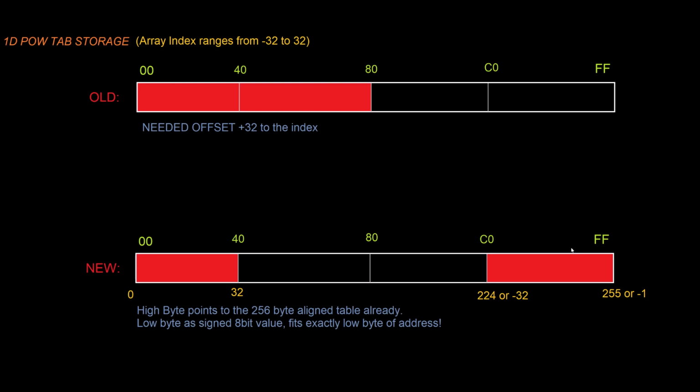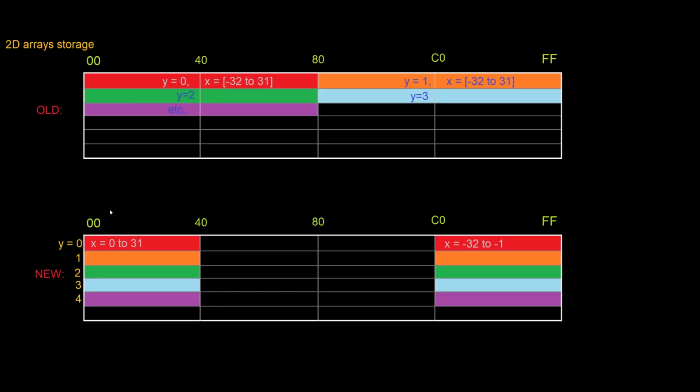I don't do the offset. And it happens to map in this weird overflown table with gaps in between. But this has to fit in one 256 byte area aligned in memory where the high byte is the same. And then I updated this concept in the 2D arrays for the multiply x by y, for example.